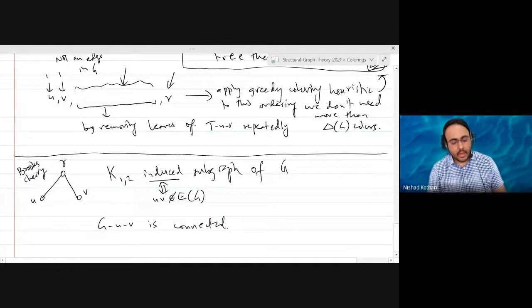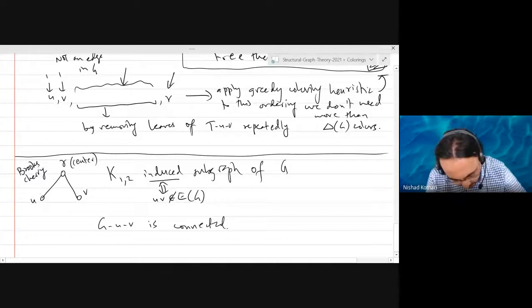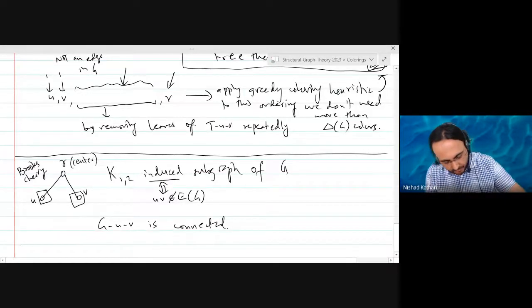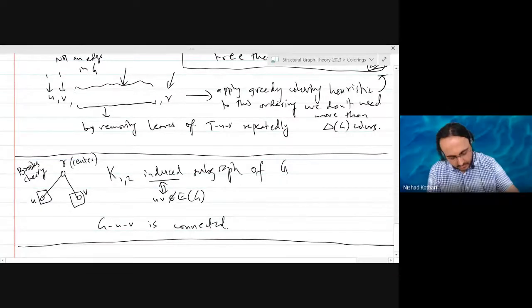Okay? And you can think of this R as the center of your cherry. Right? So when I remove the other two vertices, the remaining graph should still be connected. So it is the definition of Brooks cherry, which I also invented.